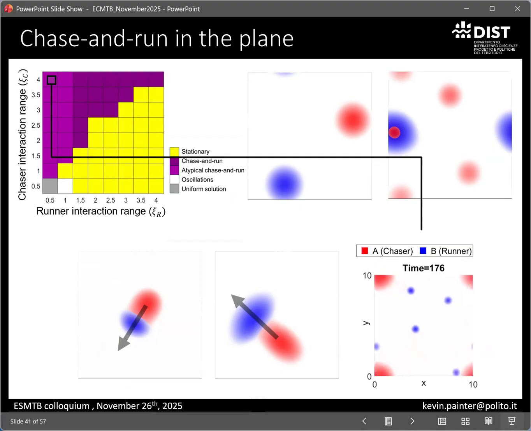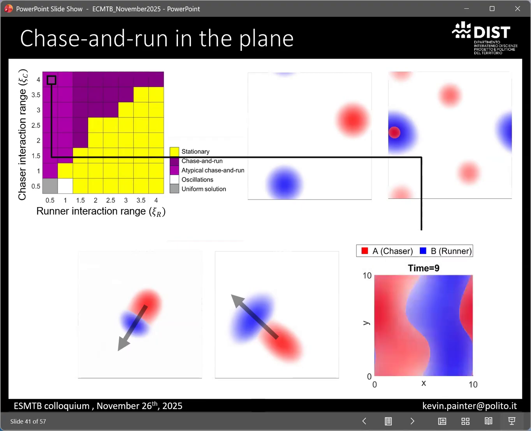They maintain different groups, and the chasers are moving around according to those different runner populations. So it's a collective chase and run process, but not that highly organized form where you get a single group of chasers pursuing a single group of runners. You get a much more complicated dynamic in that instance.